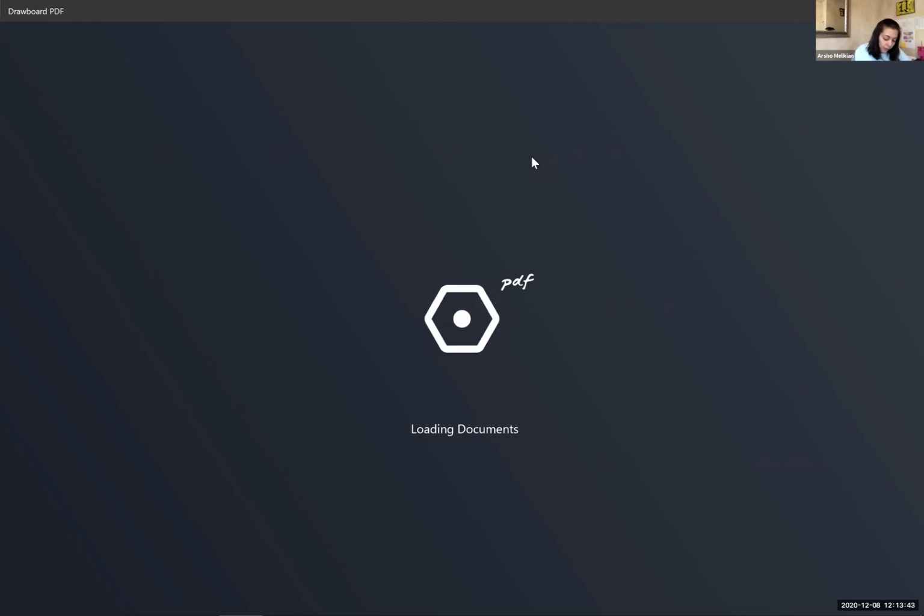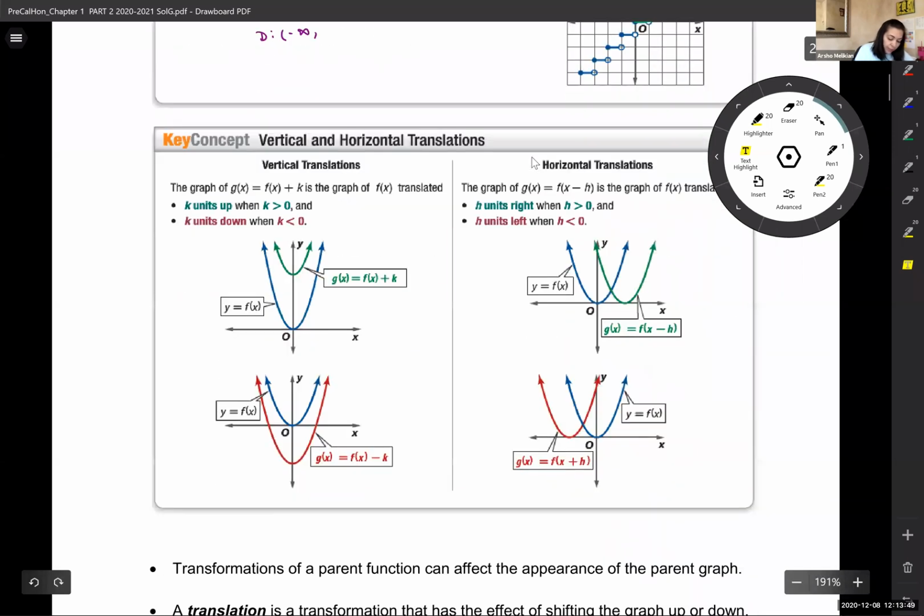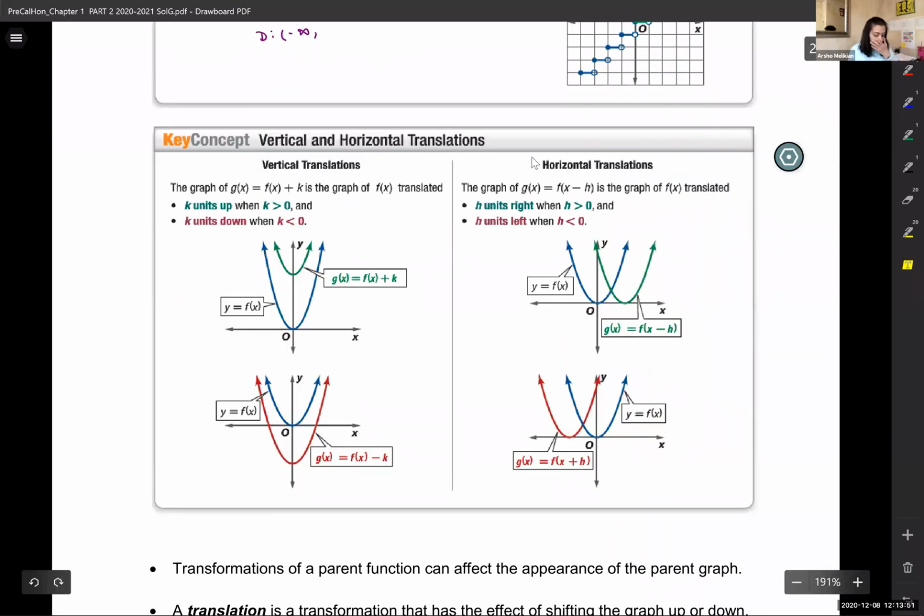Okay, so moving along from that, let's talk about some translations. Vertical and horizontal translations. If I have a function y equals f of x, and then y equals f of x plus k, that plus k moves the graph up or down.